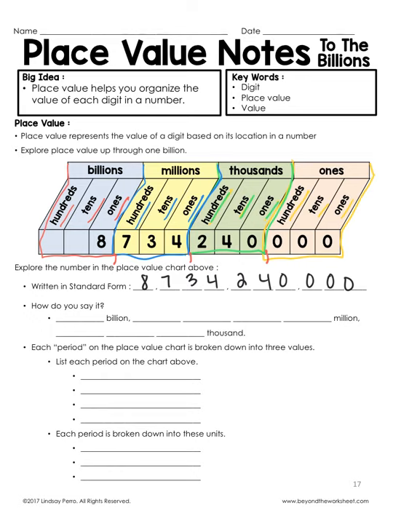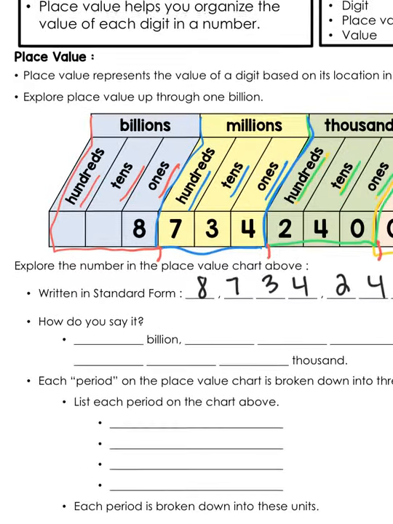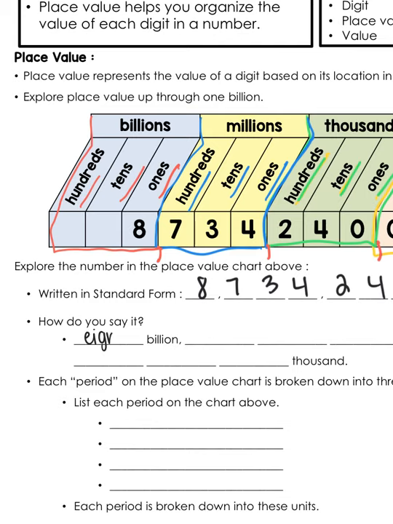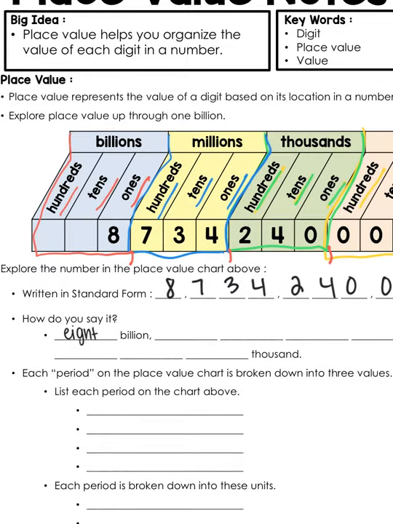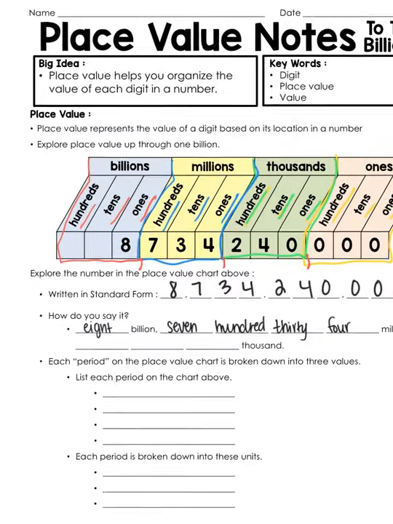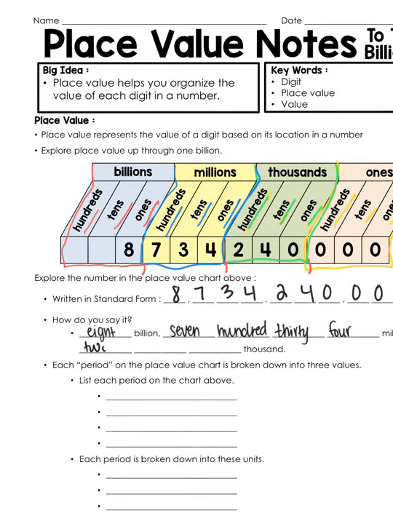When you say that with words, you say 8 billion, 734 million, 240 thousand. There's nothing after that thousands place, so we don't have to say anything for that, right?